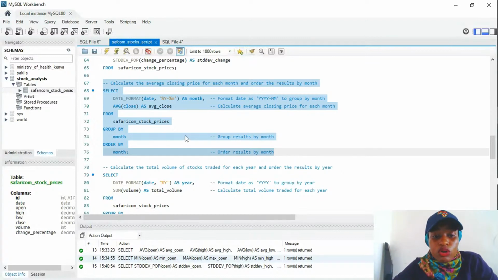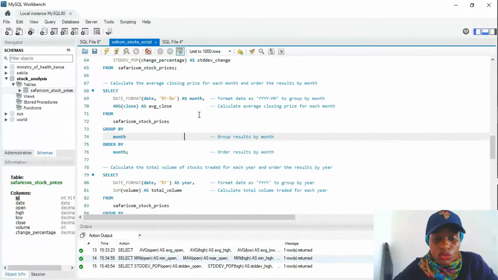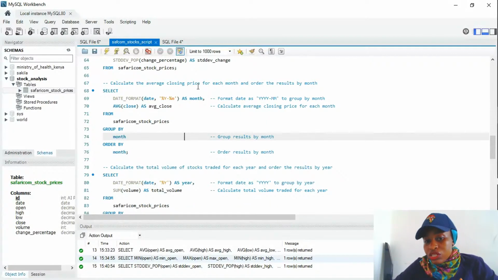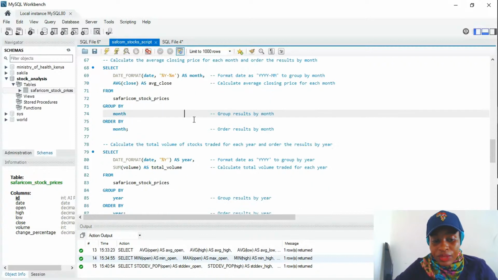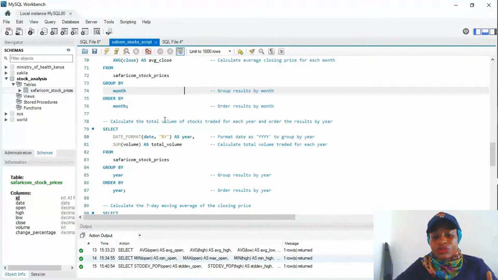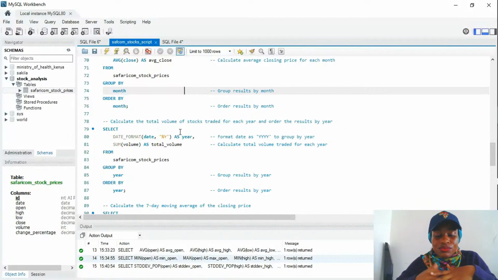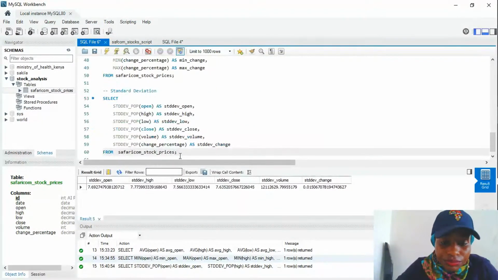So for the market trend, we're going to be using two indicators here. One, we're going to be looking at the average closing prices per month, and you're also going to be looking at the total volume of stocks traded each year to look at the market trends. We want to look at whether Safaricom traded more in stocks as the years went by, or if in some years their trading went low or something of that sort.